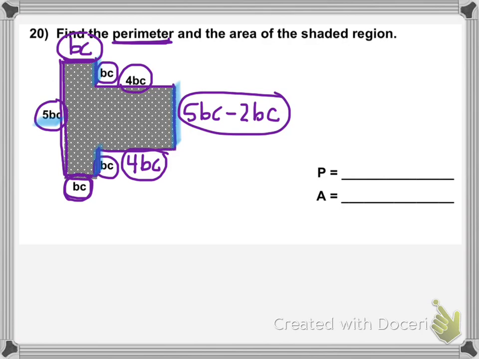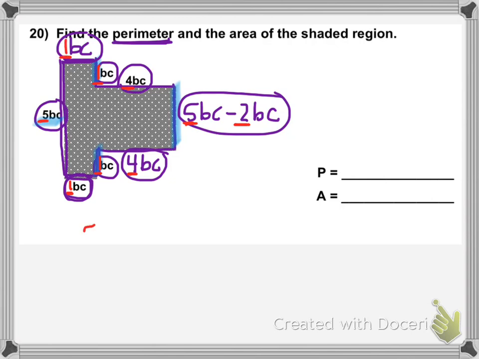We are going to add them all together because that's what perimeter means. If you look, every single term has BC in it, so we're just going to be adding together coefficients. Let's figure out what all our coefficients are. We've got 5, 1, 1, 4, 5, negative 2, another 4, another 1, and another 1.